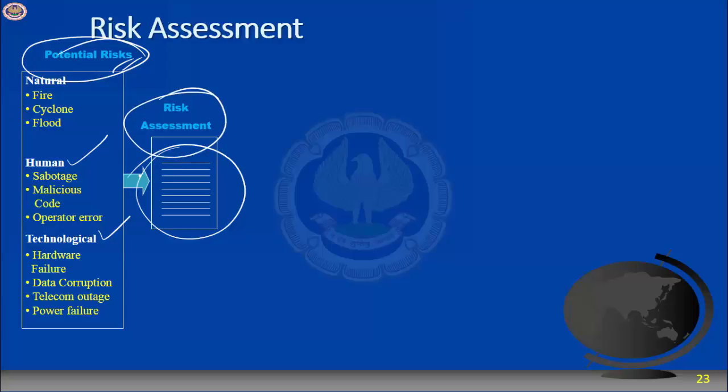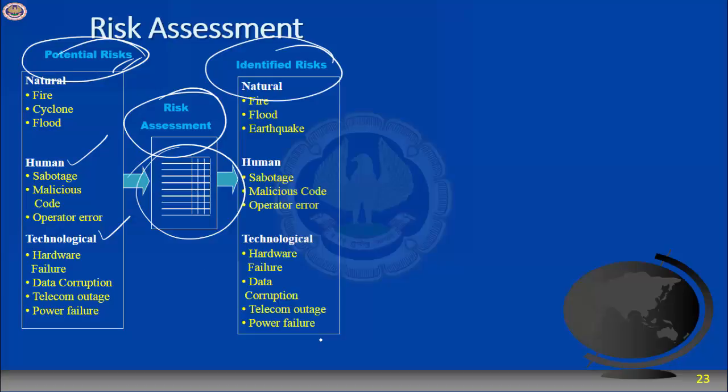Risk assessment is where you tabulate the threats, the vulnerabilities, and the impact. Based on the risk assessment, you identify the specific risks which are applicable to the organization, which means in this case, you have made a complete laundry list of various types of potential risks which can happen. You do a risk assessment, and this is where you customize the risk as per the impact for the organization, as per the needs of the organization.